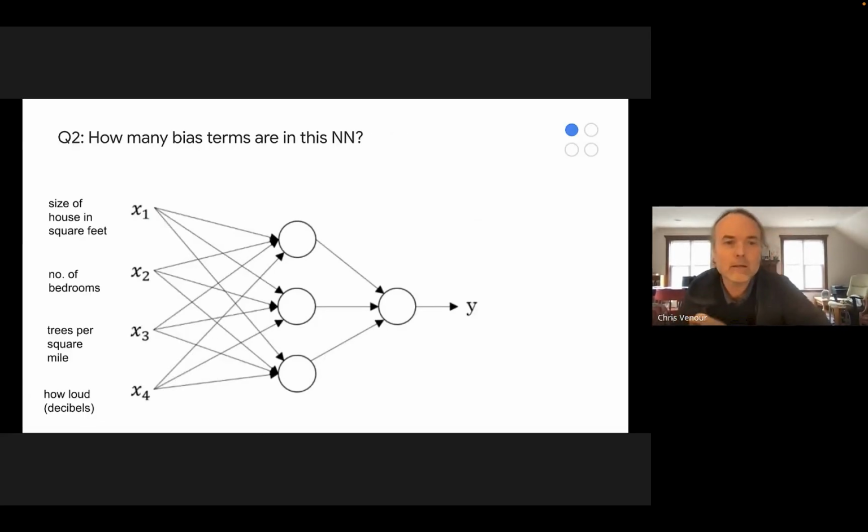Okay, question 2 is, how many bias terms are in the neural network? And I'll give you a little bit of time to think about that.